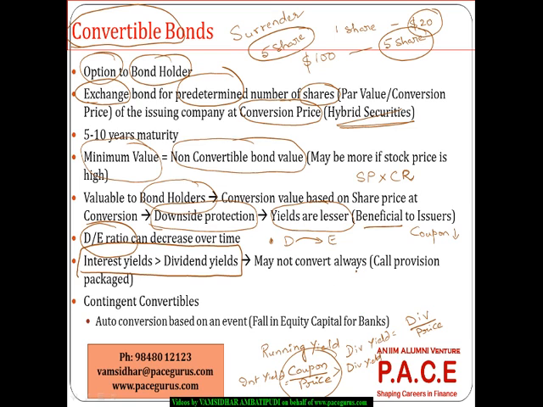So that is one common thing that has been observed, and that is one of the prime reasons companies started packaging these convertible bonds with a call provision. The moment the equity price is greater than the conversion price, if the person is not converting into equity, the company will initiate a call option where it can call back the bond, which means it is more or less forcing the participants to convert it into equity.